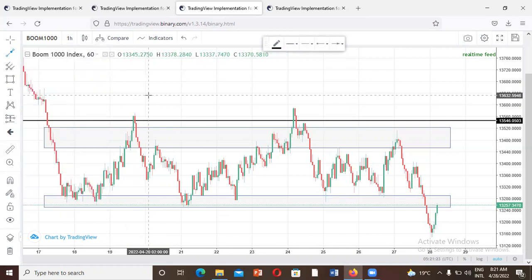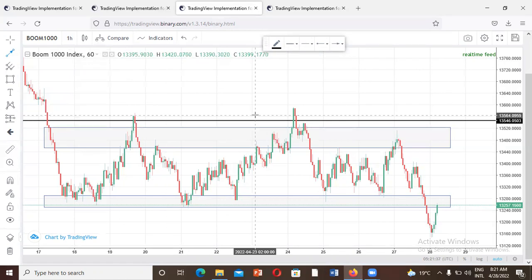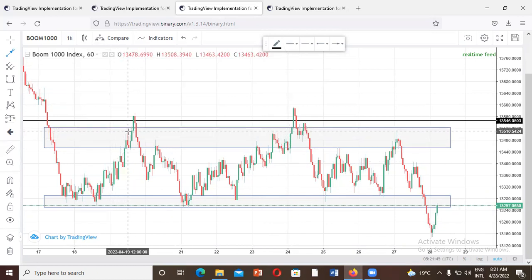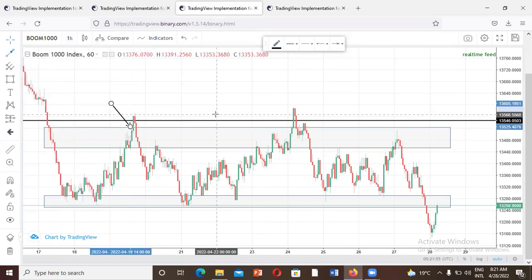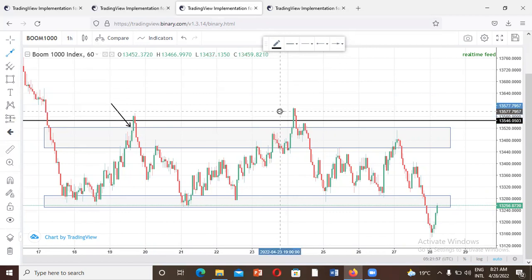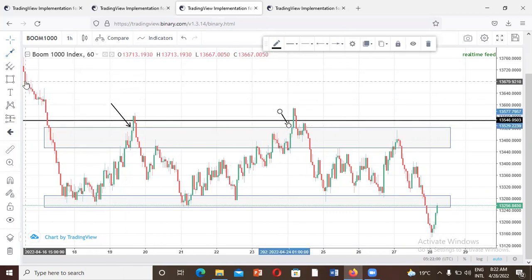I'm trying to look for a very good example of when you're impulsive. In fact, this shows the negatives. Now, if from here you expected a sell because it has reached the ceiling, a sell.